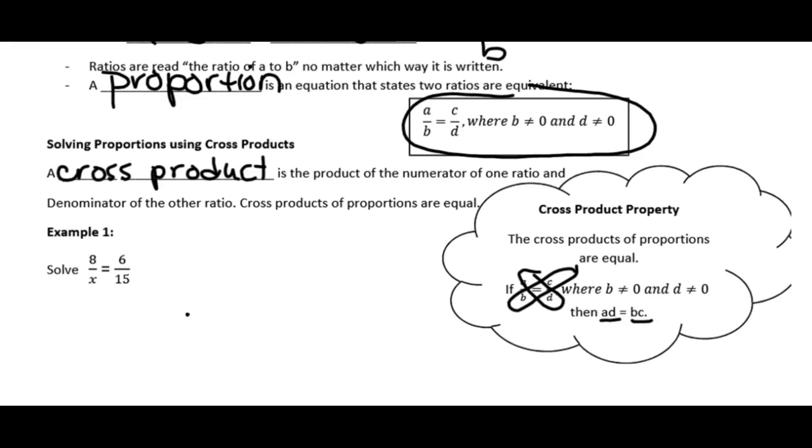So here's example 1. This is similar to what you did in middle school. This was the type of problem you did in middle school. You would do your little cross multiply and do x times 6, which gives us 6x. Remember, we always write the number first. Equals, and then 8 times 15 is 120.